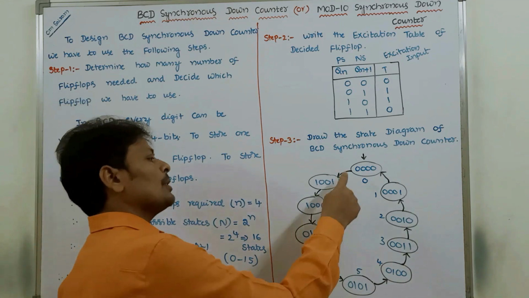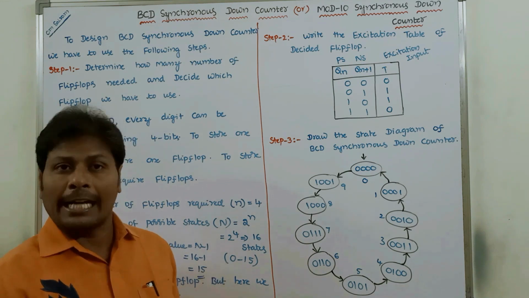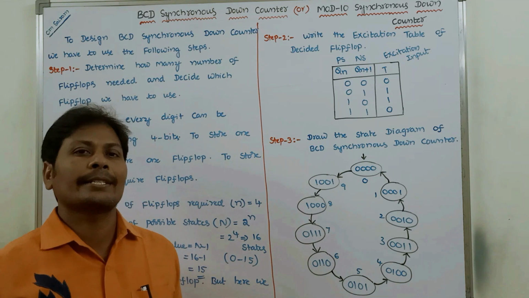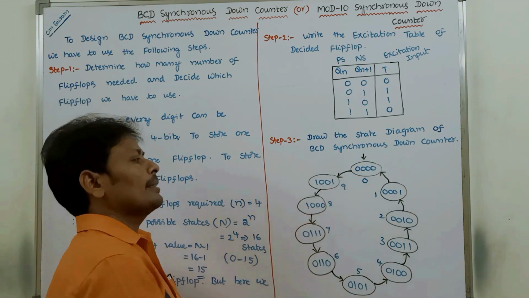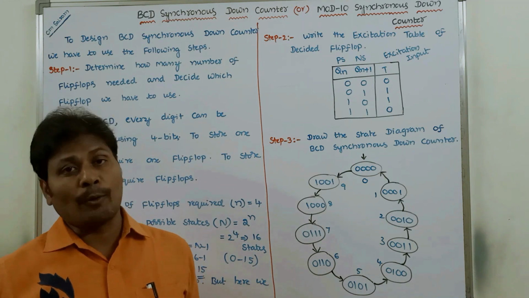So total 0 to 9, 10 states are valid states. The remaining 6 states are invalid states that cannot be shown in the state diagram of the BCD synchronous down counter.